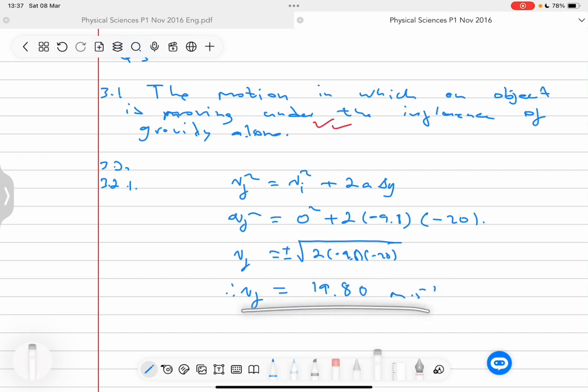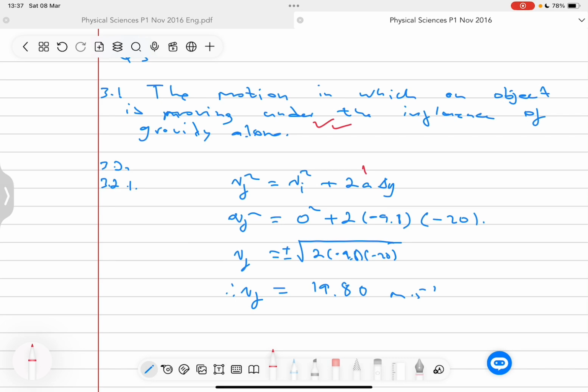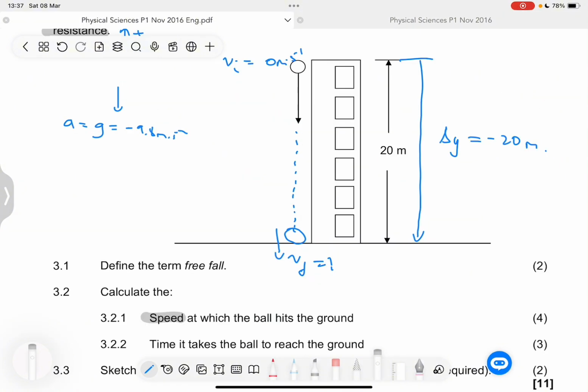And also because this is speed, I didn't attach direction, very important to ensure that we get the full marks here. And those marks will come from using this formula, substituting 0 here and substituting this 2 and actually writing your final answer. That will give you the 4 marks.